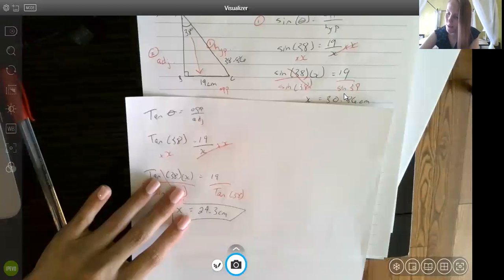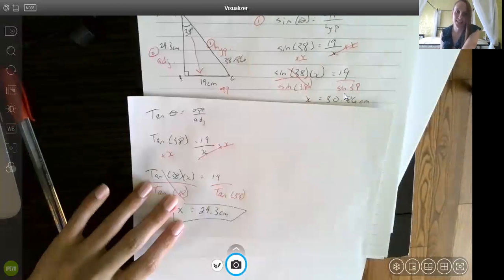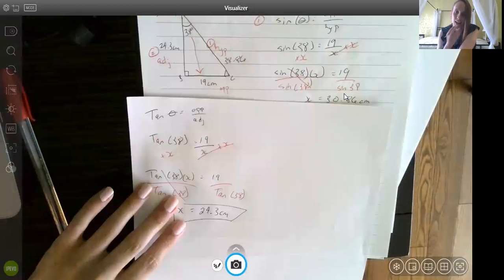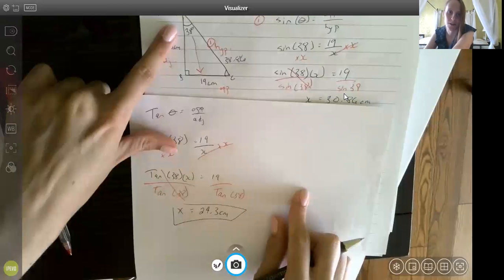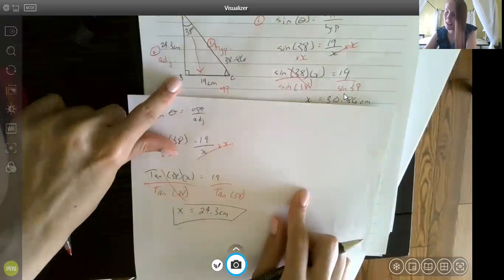So 24.3 centimeters. The very last thing I need to do is figure out what angle C is. I could use a trig ratio to do that, but there's actually an easier way because I already have one of the angles, plus I know that one of the angles is a right angle.